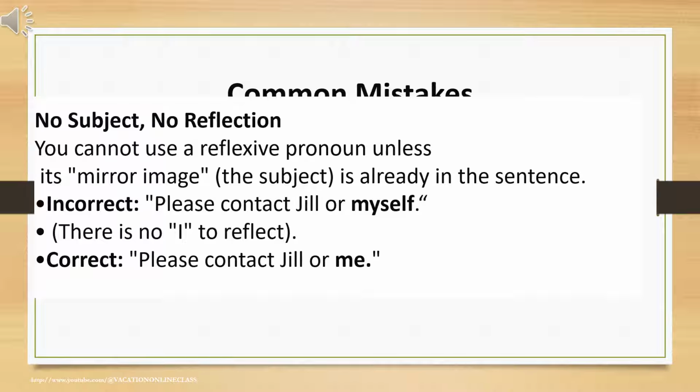And so, please contact Jill or myself. When you take the Jill out, say, please contact myself, since myself has no subject that it is reflecting to, then it is a wrong expression. The correct one should be, please contact Jill or me. Me is not a reflexive pronoun, so it can work.